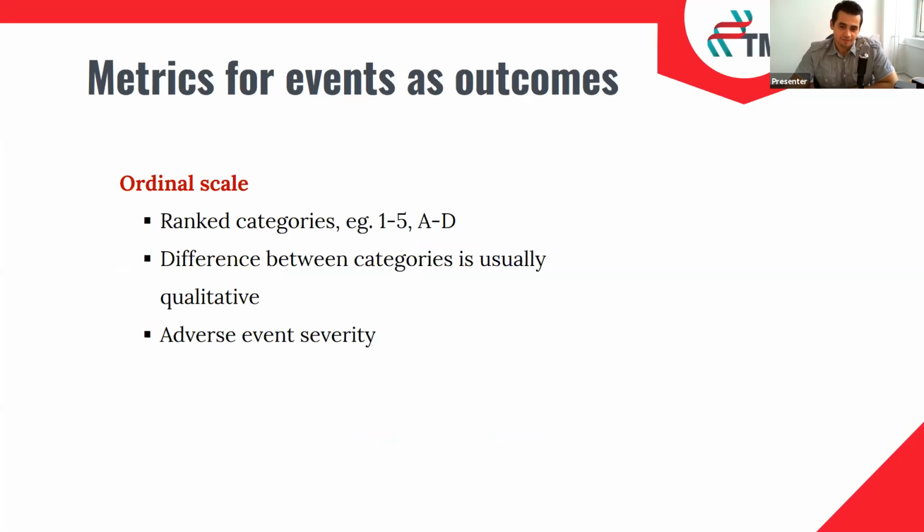We can also have ordinal variables, which are ranked categories, like the stage in the case of oncology. For example, adverse event severity can also be an ordinal scale. But the difference between the categories is usually a qualitative, not a quantitative difference.